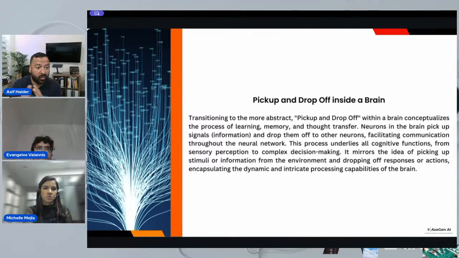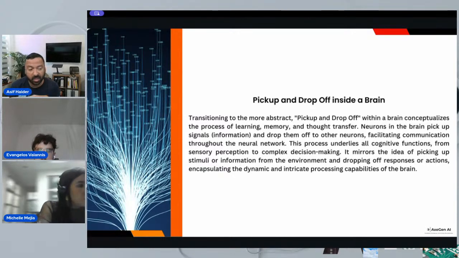But what AI machine learning is able to do is mimic just that pick up and drop off of all the information that is being fed, and it's being modeled and trained and deployed for usage as needed, right? And the rest of it goes into storage. If it's not being used, it just gets stored on the backside of the brain somewhere, in the subconscious mind, system 1 and system 2 somewhere.